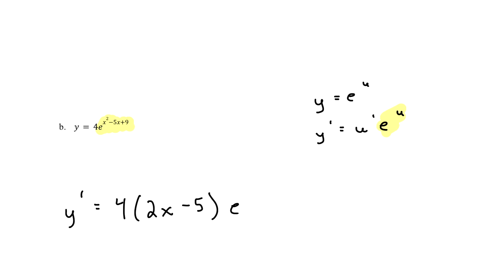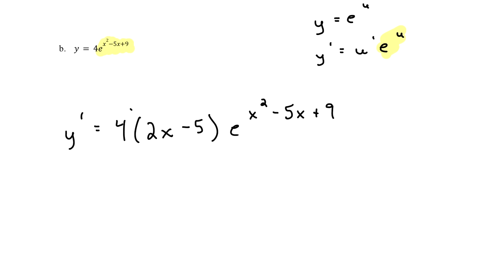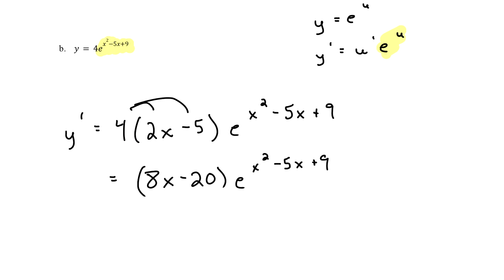And honestly, if you wanted to leave your answer right there and be done, you could absolutely do that. If you wanted to distribute this 4, you could also do that as well. You could say, well, that's 8x minus 20 times e to the x squared minus 5x plus 9. Either one of those I think is perfectly fine. But yeah, there we have our derivative.